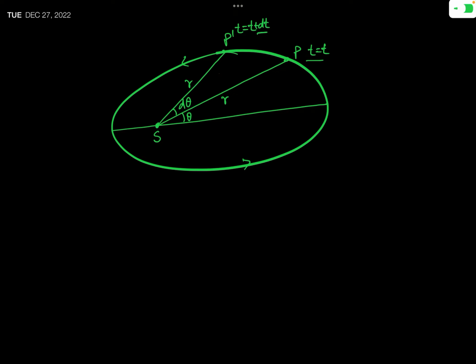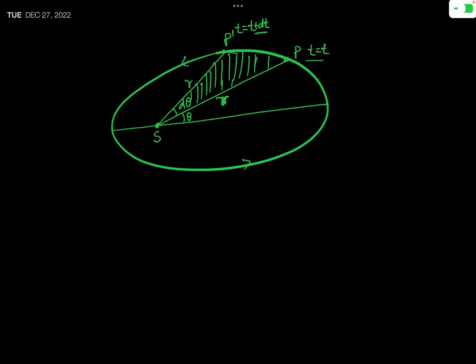This dt is very small, and so you can see in the figure that in this short interval dt, the radius vector SP, which is equal to r, has swept out this area which is shaded here. This is the area swept out by the radius vector in the short interval dt. And we have to prove that this dA by dt will be a constant.